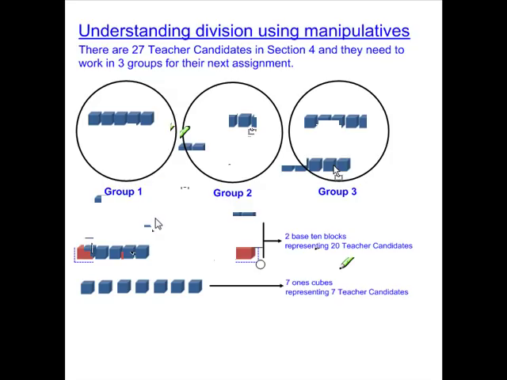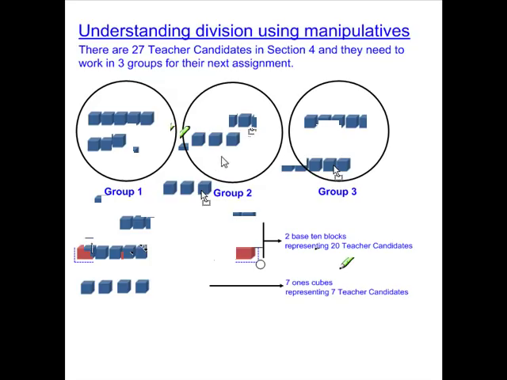How many should we share out this time? Let's try equal groups of 3. So if I put these 3 TCs into group 1, then I must put 3 also into group 2 and 3 into group 3. How many TCs were just assigned in total in that step?